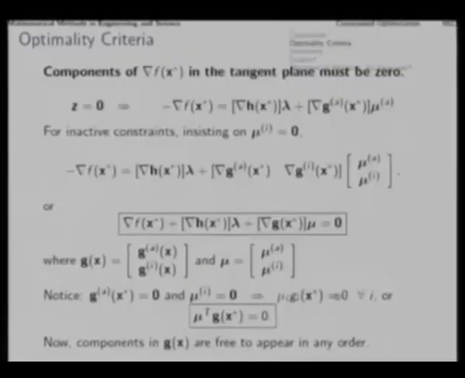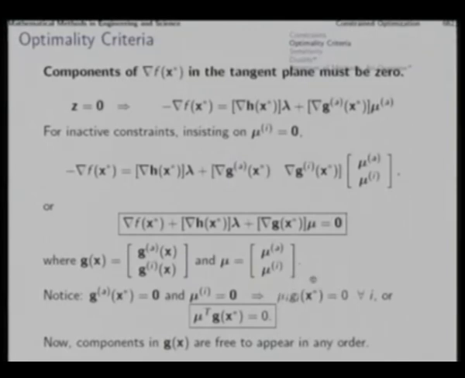Okay. And that gives us this requirement: if a particular constraint is inactive, then the corresponding Gi is not 0, so mu I has to be 0. On the other hand, for an active constraint, Gi itself is 0, so mu I can be allowed to be non-zero. So, the product mu I Gi is always 0.